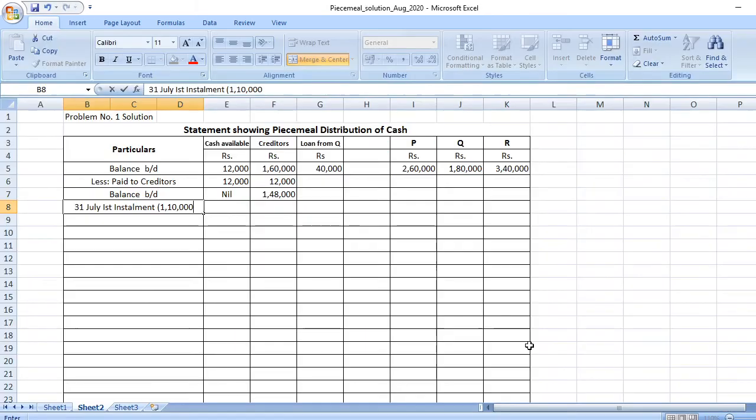This 2,000 we will deduct from the 1,10,000. Keep this in mind because it is a realization: these are expenses at the time of realization, and the realization expenses we deduct. Now the cash available is 1,08,000.